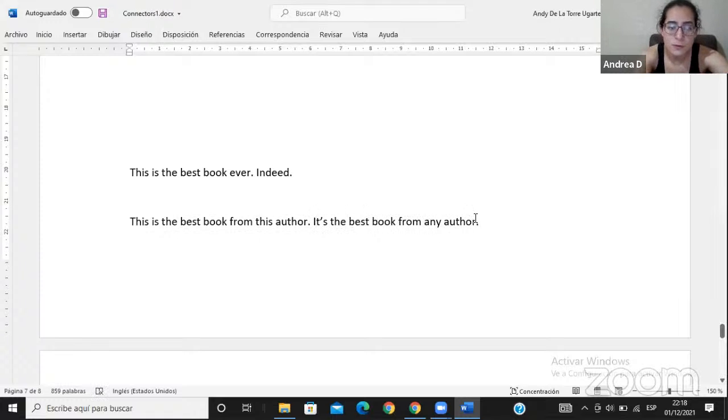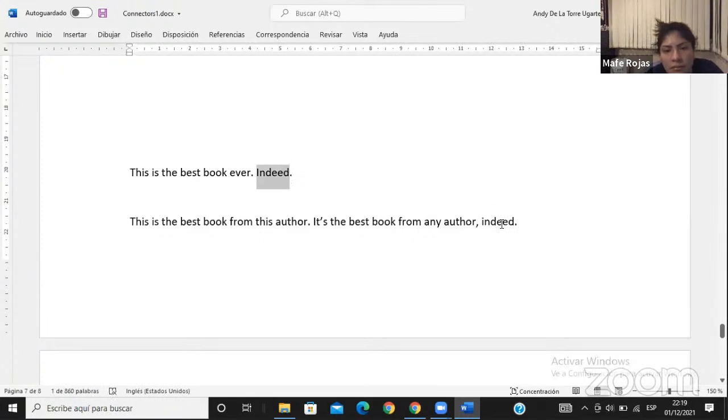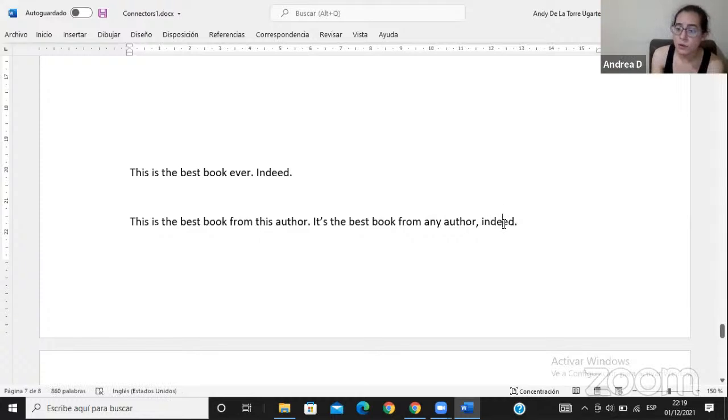When you say it's the best book from any author, indeed, it means like definitely. So when you use it at the end, you're agreeing with somebody. So if you say, this is the best book ever, and I say, yeah, it's the best book ever indeed. So it's like, definitely. De hecho, es un buen libro. O algo así. Yes, kind of.